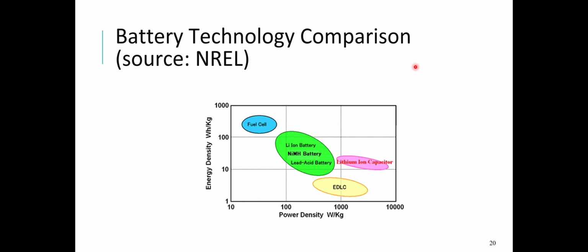An ideal battery would be all the way out there, with extremely high energy density and extremely high power density. So lithium-ion batteries are all the way out here, and lead acid batteries are on the low end. Over here, I have what we call supercapacitors. Supercapacitors have very high power density, but very low energy density.